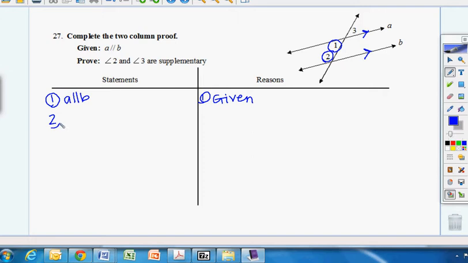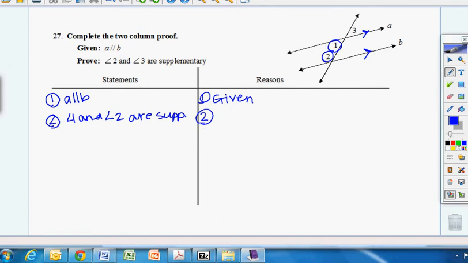So number 2, right away, I'm going to be able to say angle 1 and angle 2 are supplementary. And why?